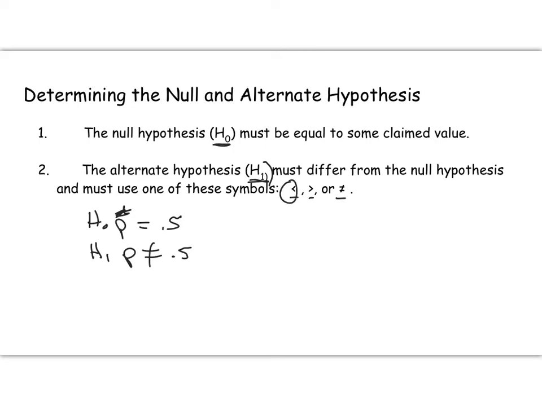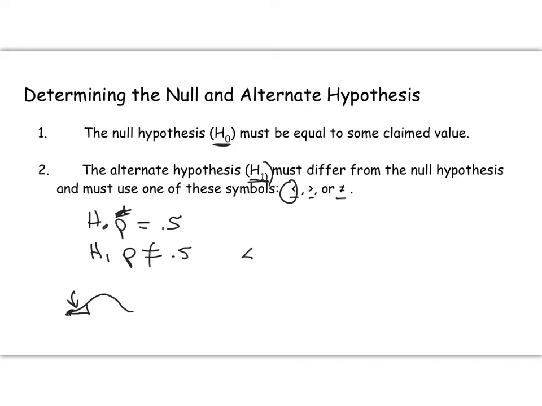So here, if our alternate hypothesis is, let's say our proportion is less than 50%, we call that a left-tail test. Okay, because we are testing to see if our proportion is in the tail over here.